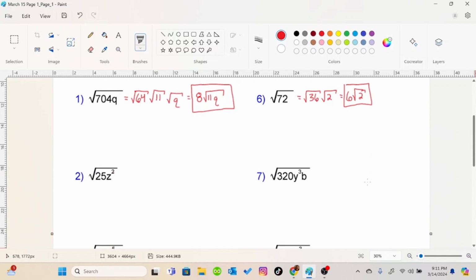Number 2. Square root of 25z squared can be thought of as the square root of 25 times the square root of z squared. Square root of 25 is 5, and the square root of z squared is z. So our final answer is 5z.